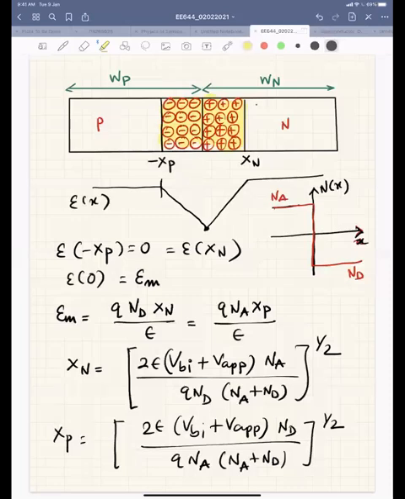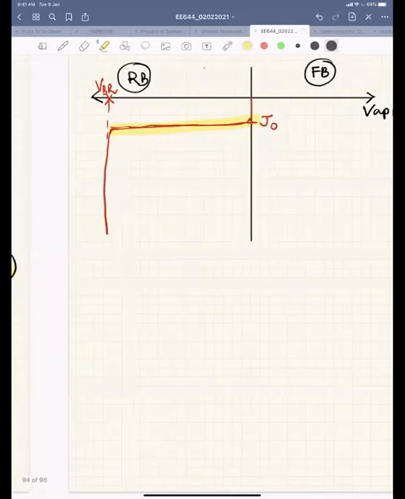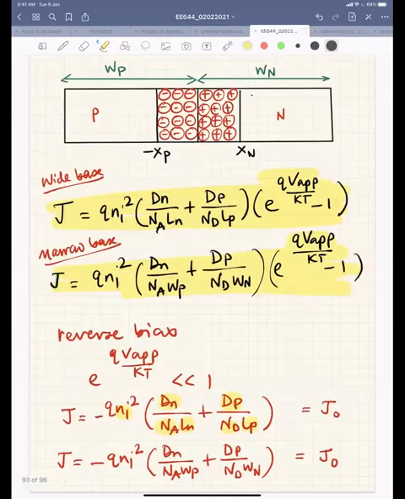So when I'm talking about this current J0, as I discussed towards the end of last class, this J0 is because of electrons moving from P to N and holes moving from N to P. Electrons are the minority carrier on the P side and holes are the minority carrier on the N side, and this reverse saturation current is because of minority carriers drifting through the depletion region.